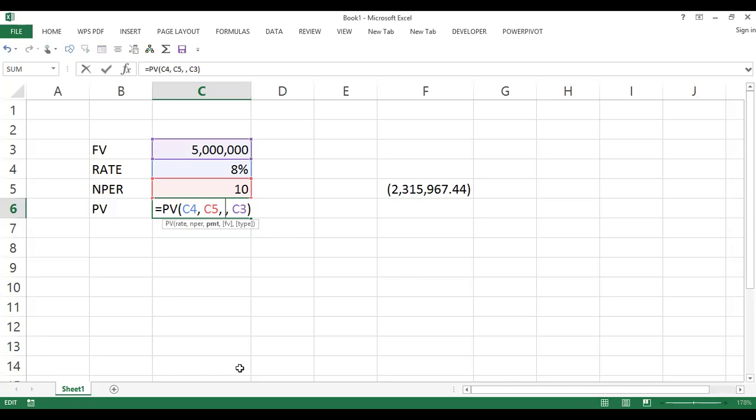I'm talking about these payments. I want us to understand the effect of payments. Let me assume, let's say, 50,000.